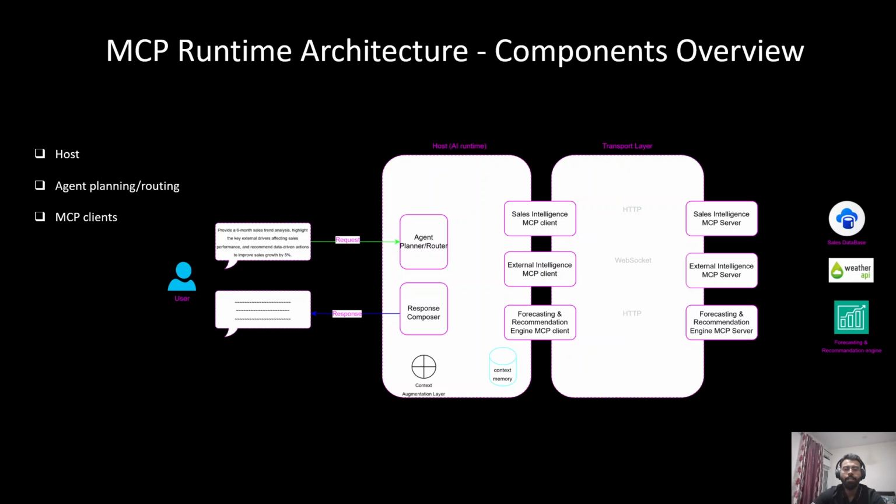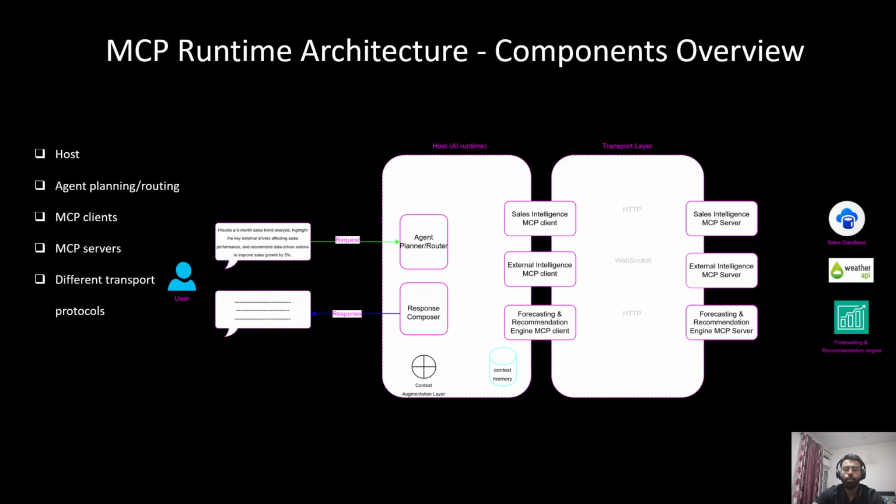MCP client: the interface component that connects the host to the MCP server and helps manage request and response communication. MCP server: the service endpoint that exposes tools, data sources, and capabilities for execution of a specific task.